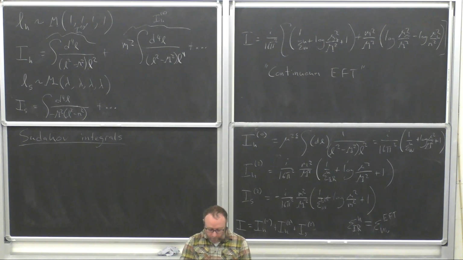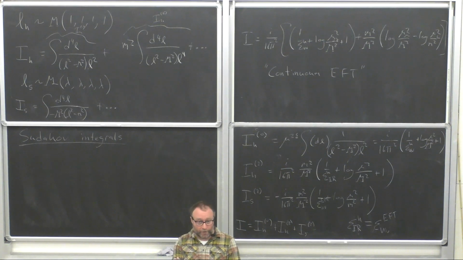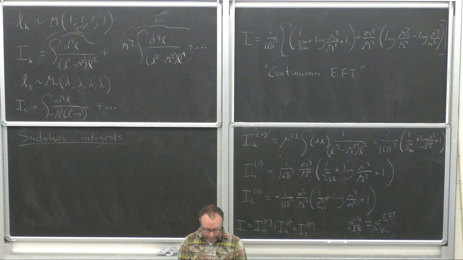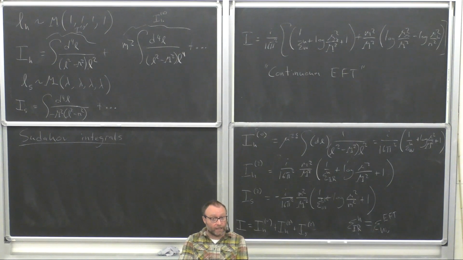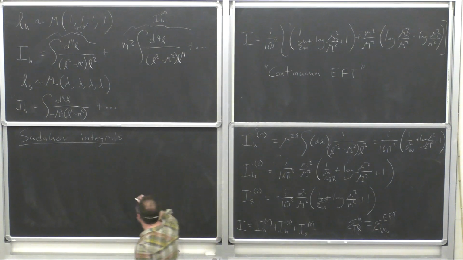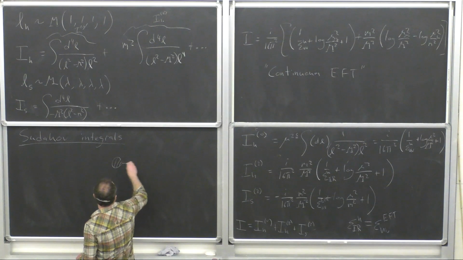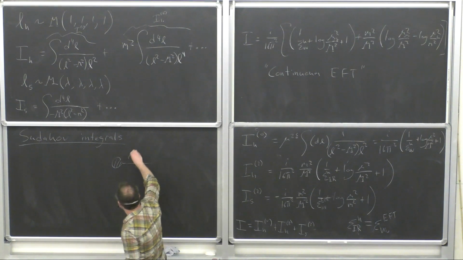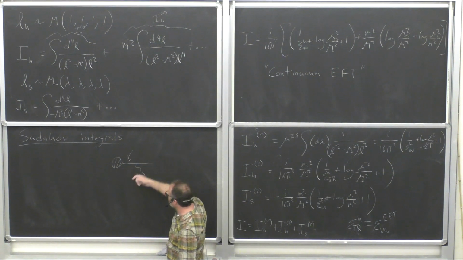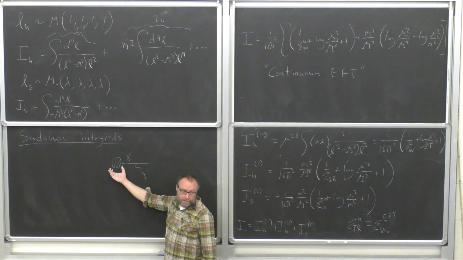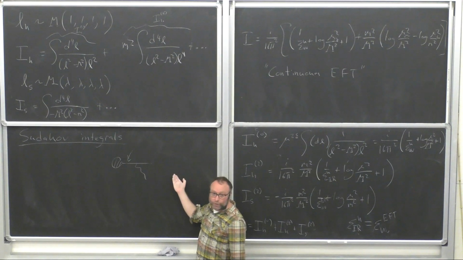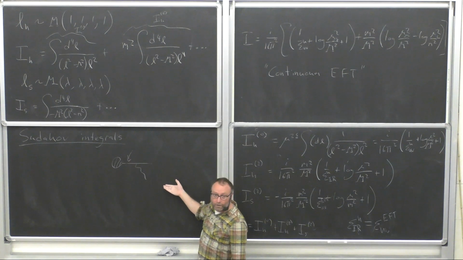If that's not a familiar story to you, don't worry about it. It's not important for the point I want to make, but basically the intuition is that if you look at the splitting function in QED, which is really just a statement about this propagator: if you take some source that gives you a fermion, you emit a photon.